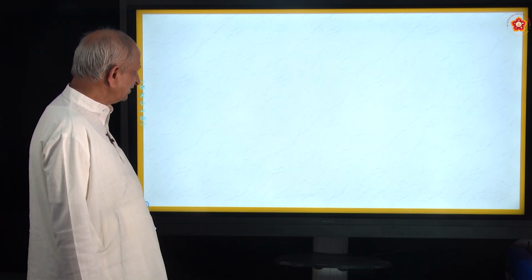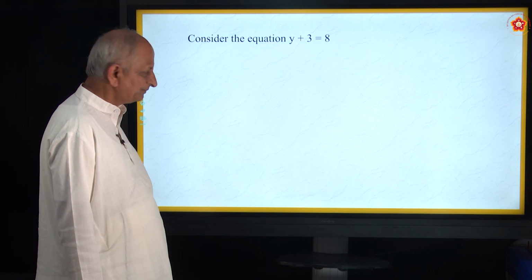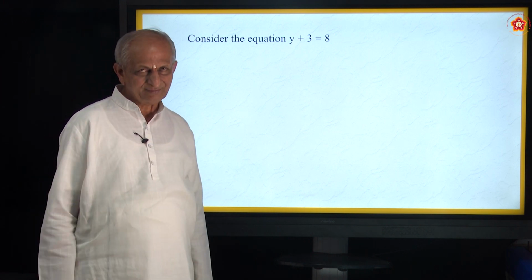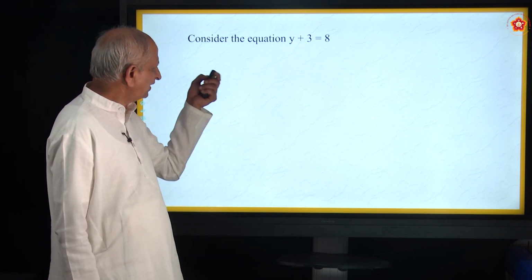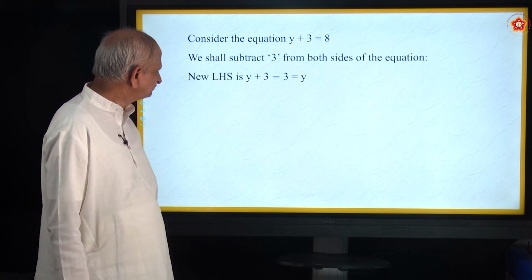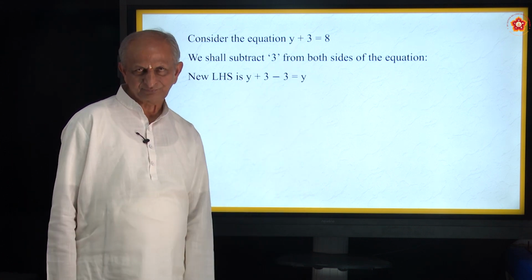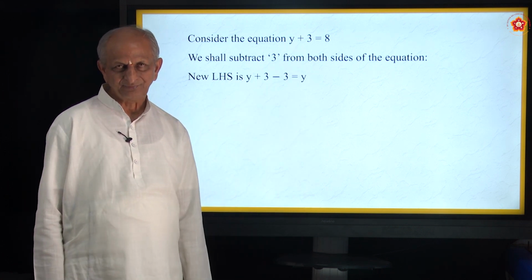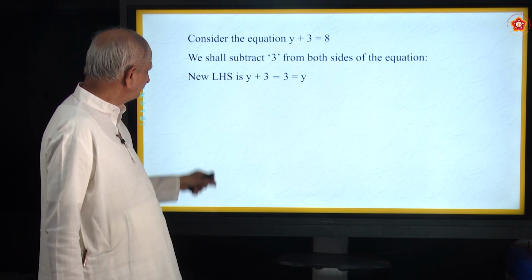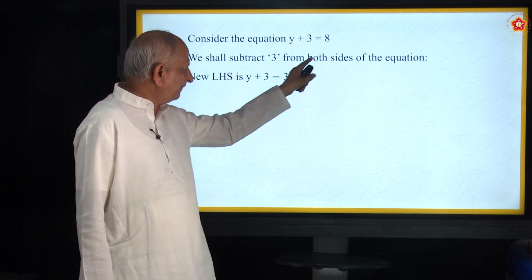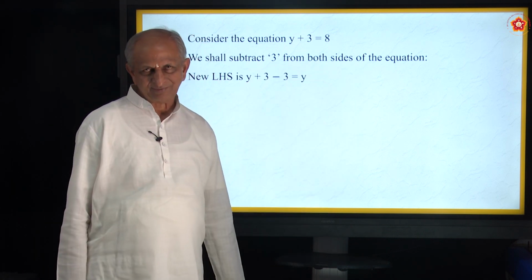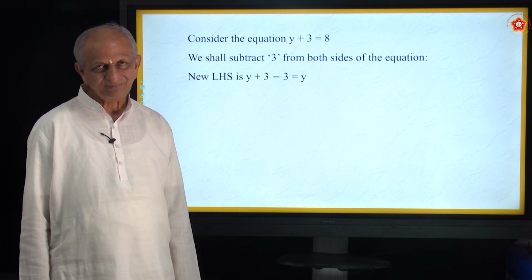So that is a very interesting thing, solving a simple equation. Let us see how to do it. Okay. So here is an equation, y plus 3 equals 8. Now we want to find the value of y. What shall we do? One of the methods is to subtract 3 from both sides of the equation. Why should you do that?